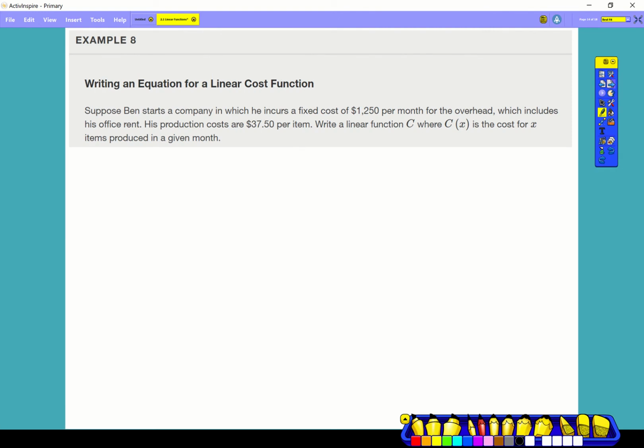So writing an equation for a linear cost function. So our fixed costs per month for the overhead. That means that no matter what, we have to pay the bills, like electric, and that's $12.50 per month. These are his costs per item. We have to find C of x.